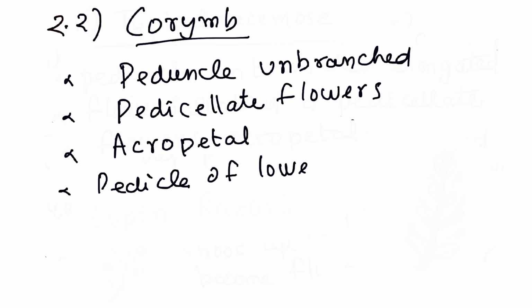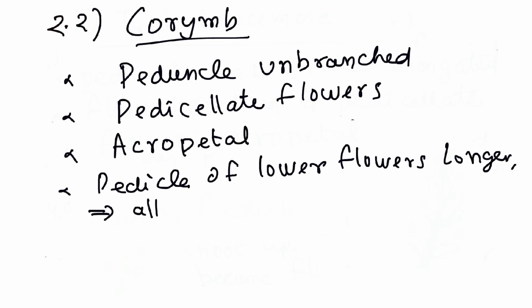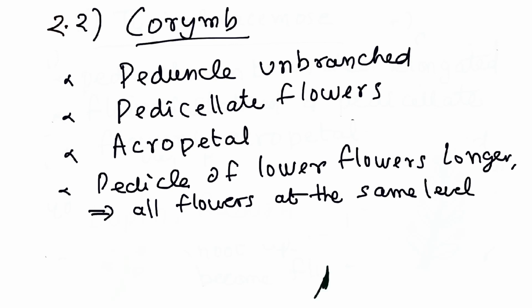The difference is that even though we have the acropetal arrangement, as the pedicels of the lower flowers are longer, we have the interesting case of all the flowers occupying the same level. That's a key point which differentiates the Corymb inflorescence, a subdivision of the Racemose inflorescence, from the previous case.